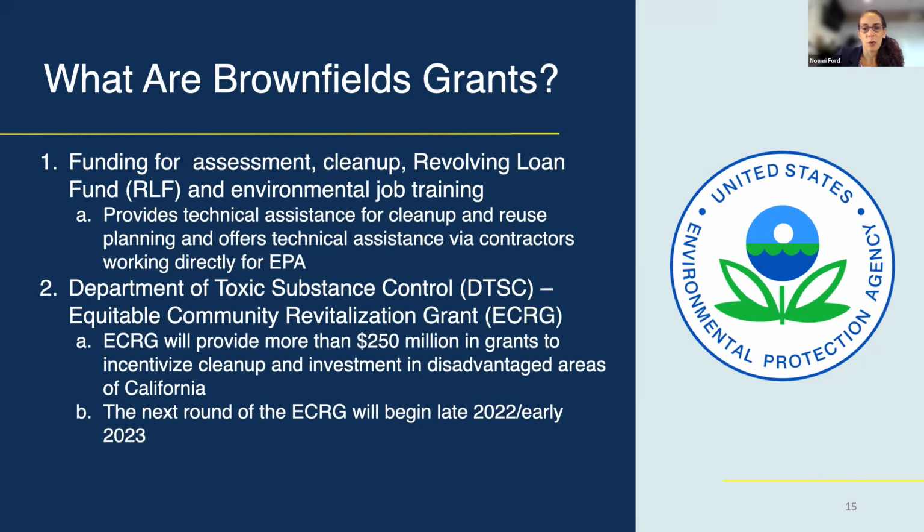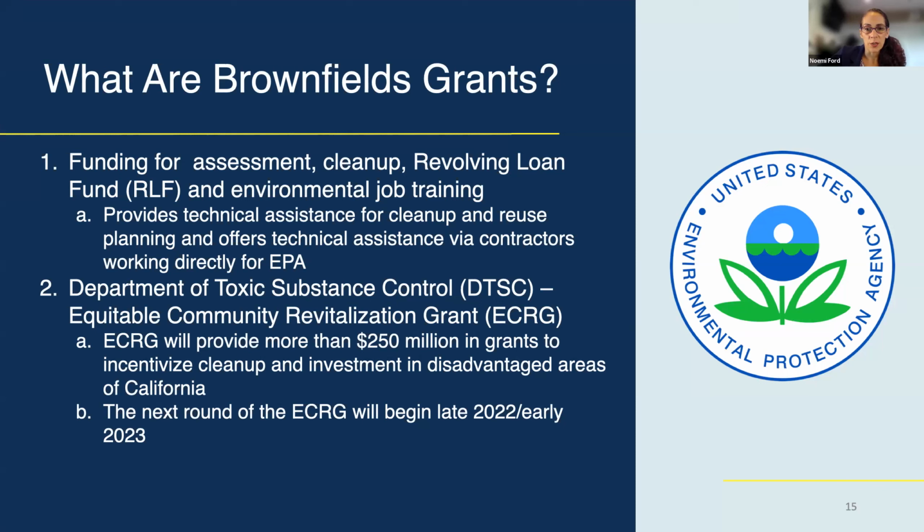So what are Brownfields grants? We have funding for a variety of different types: for conducting environmental assessments, for doing remediation, for establishing a revolving loan fund where you would receive a grant and then could give out loans and subgrants, or forgivable loans to entities to be able to do remediation, and also environmental job training, funding that would assist in providing the necessary certifications and training to have individuals work at sites within their community.